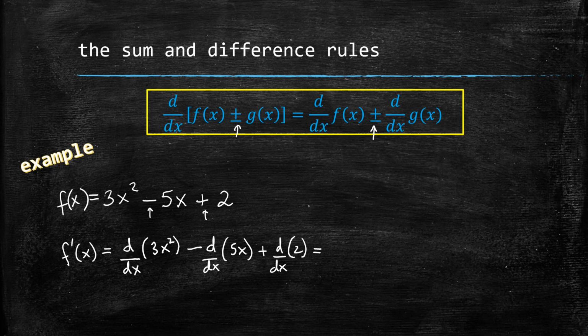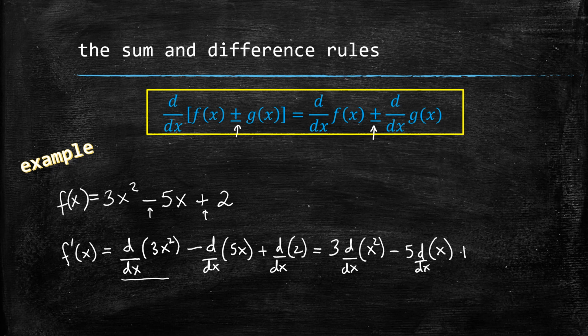If I'm going to be very particular, as I look at this first derivative, I would use the constant multiplier rule to extract the coefficient of 3, and I would get this. Similarly, I'd extract the 5, and I would have d by dx of x.